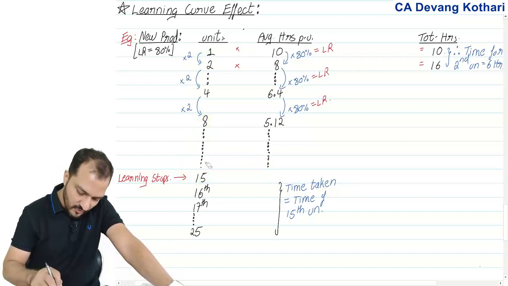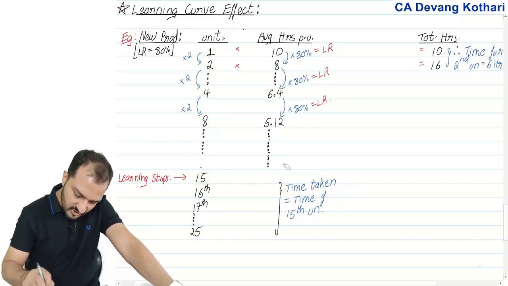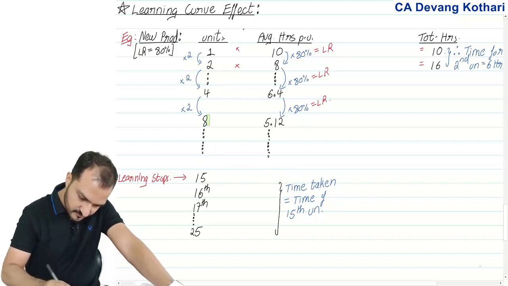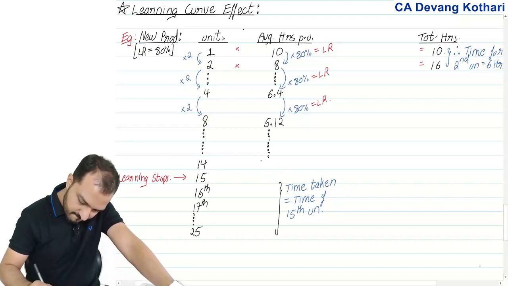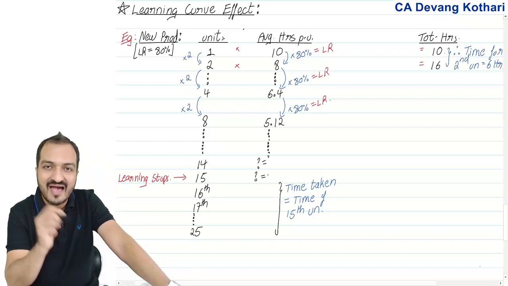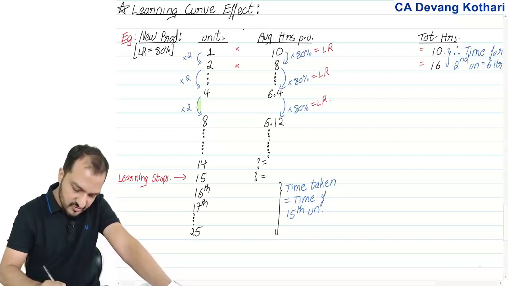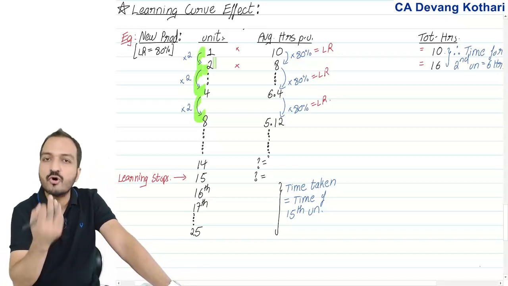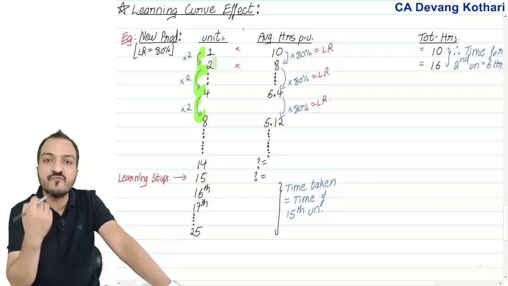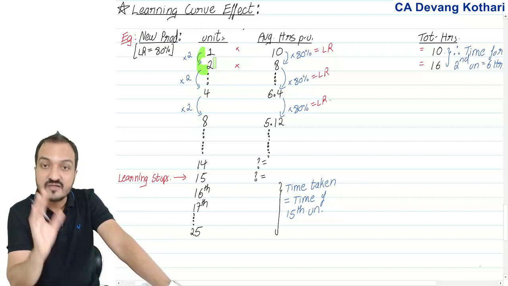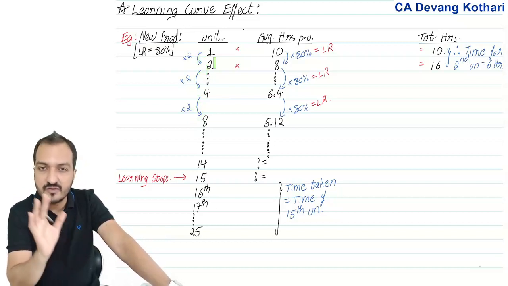Say I also want to identify the average hours of 14 units. So if I want to find the average hours of any number of units which is not in this sequence of double, double, double, then how to find? Well, then I need a formula. Yes, there is a formula also. Next we'll learn that formula.